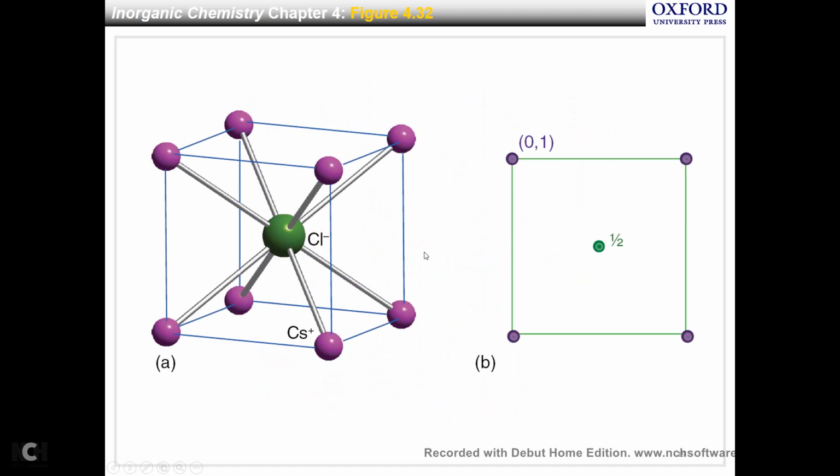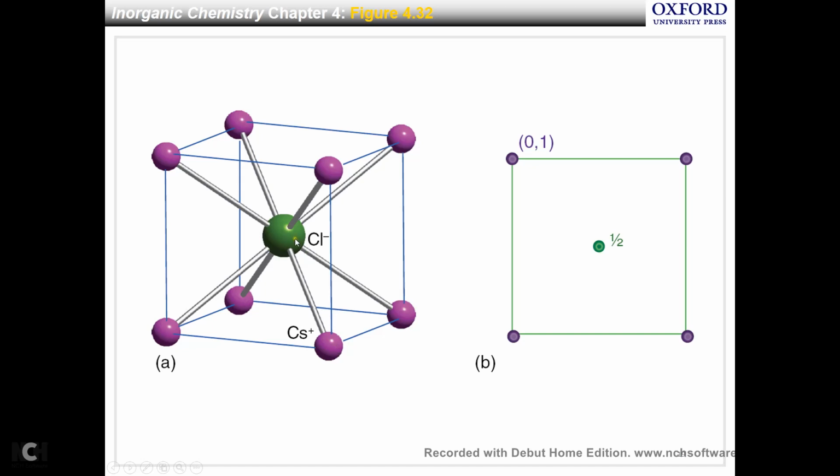Now this one is different. This is cesium chloride structure, and now you can see each anion is surrounded by 8 cations. And we know the formula is cesium chloride. If one chloride is surrounded by 8 cesium plus, then each cesium plus is also surrounded by 8 chlorine minus. So how about this one?